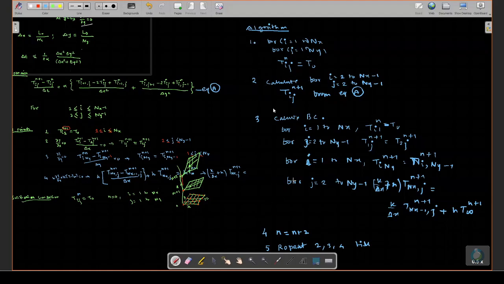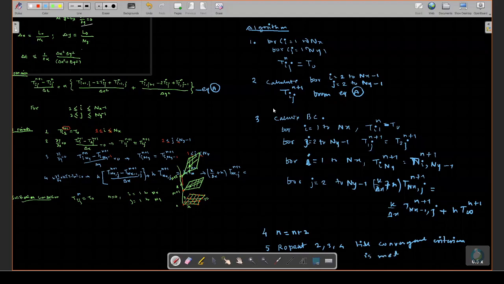Once you have done n plus 1, then you just compute. You don't have to reinitialize. Then repeat till the convergence criteria is met.